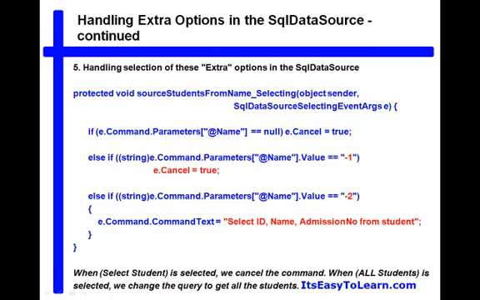And if the command parameter name is all students, the selected value will be -2. We change the command from select ID name admission number from student, where name equal to @name, to select ID name admission number from student, thereby selecting all the students.